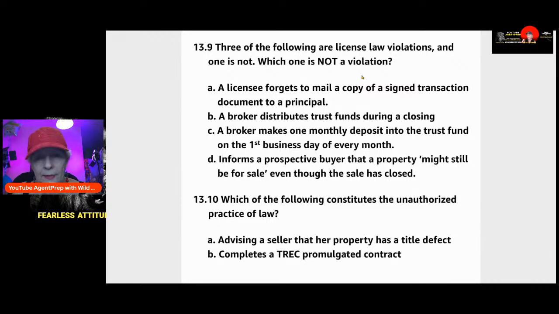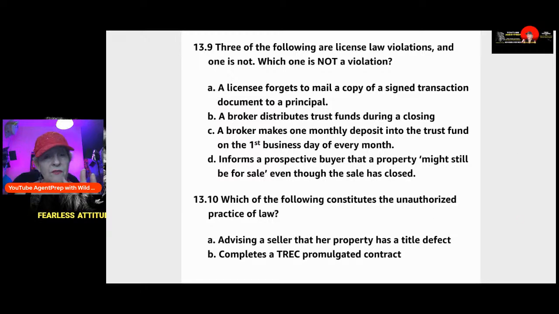A, a licensee forgets to mail a copy of a signed transaction document to a principal. B, a broker distributes trust funds during a closing. C, a broker makes one monthly deposit into the trust fund on the first business day of every month. Or D, informs a prospective buyer that a property might still be for sale even though the sale has closed.